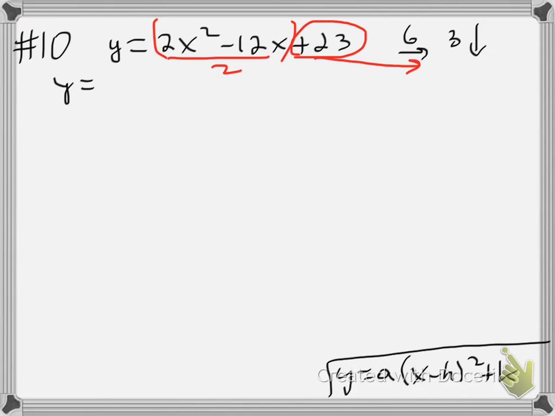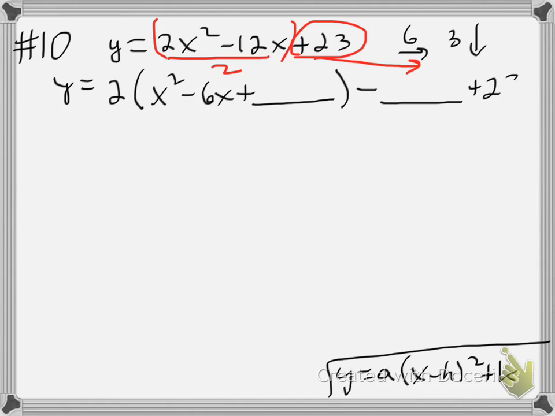So I'm going to factor out the 2, and I get x squared minus 6x plus something minus the same amount, and then I've got the 23 sitting outside here.